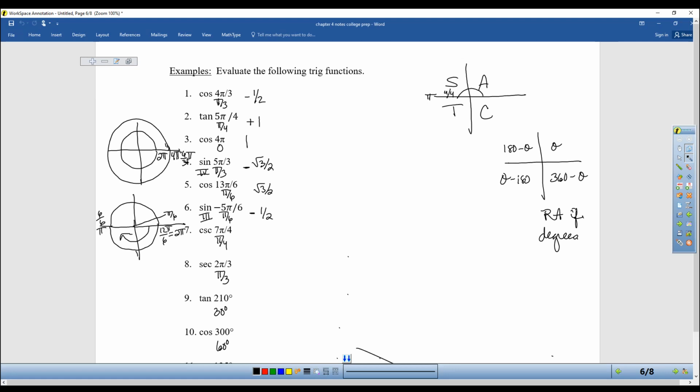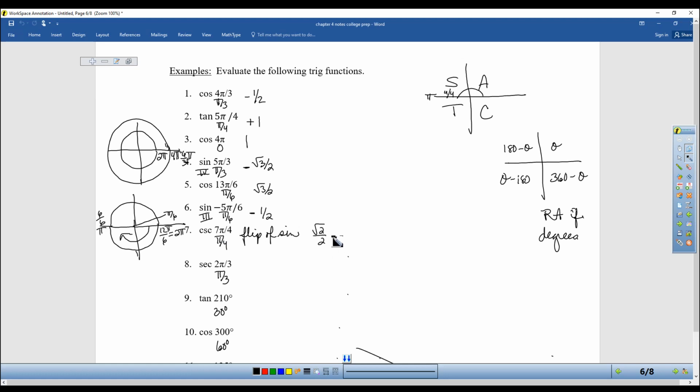All right. Cosecant is the flip of sine. So just do sine. Sine of pi fourths is the square root of 2 over 2.